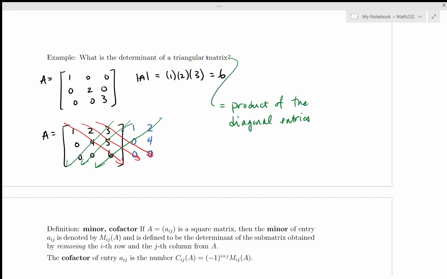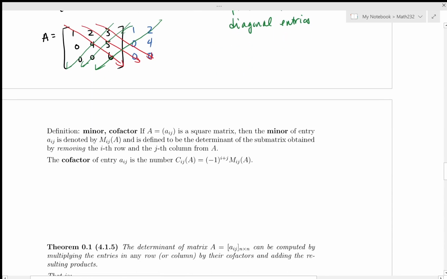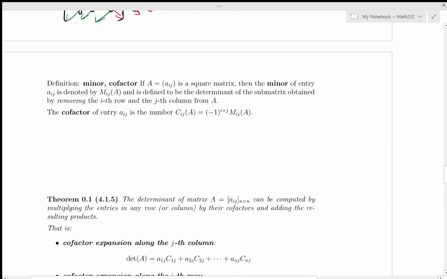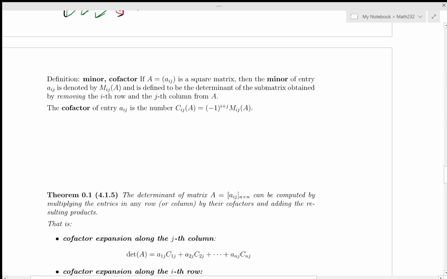Now we're going to come to a computational method of finding the determinant of an n by n matrix. In order to talk about that, we have to introduce some more words, and those two words are the minor and the cofactor.